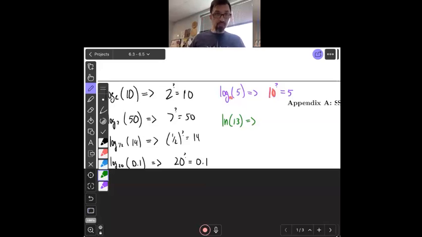There we go. And both of you guys put those in the private chat. It would be a wonderful thing to put in the public chat. E to the what power equals 13. Right on. So remembering that natural log is log base E.